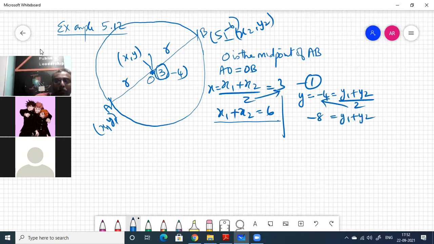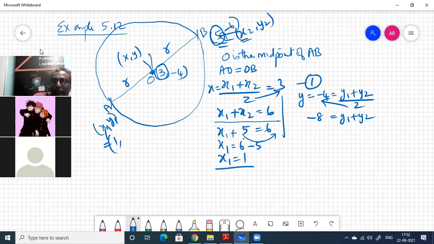Now x1 we don't know, but x2 we know. x2 is equal to 5. So x1 plus 5 is equal to 6, so x1 is equal to 6 minus 5, so x1 is equal to 1.